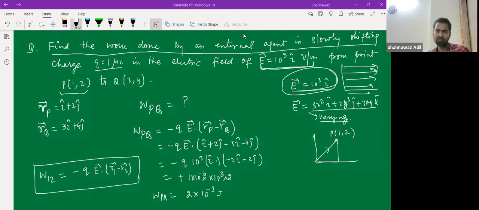So whenever you guys find out that this kind of electric field is given, just apply this formula. Whenever you guys have finished noting, please tell me.